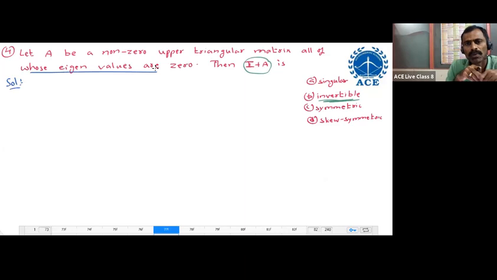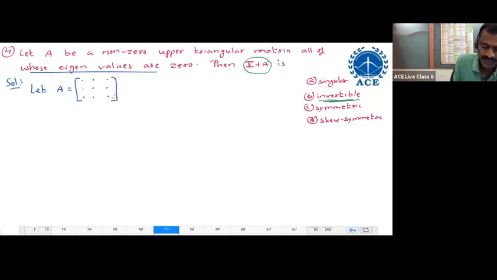According to the first property of eigenvalues, for an upper triangular matrix, eigenvalues are its diagonal elements only. So we should take the upper triangular matrix with diagonal elements as zeros because eigenvalues are already zeros. Let A equal a 3 by 3 matrix, 1, 2, 3, 4, 5, 6, 7, 8, 9.